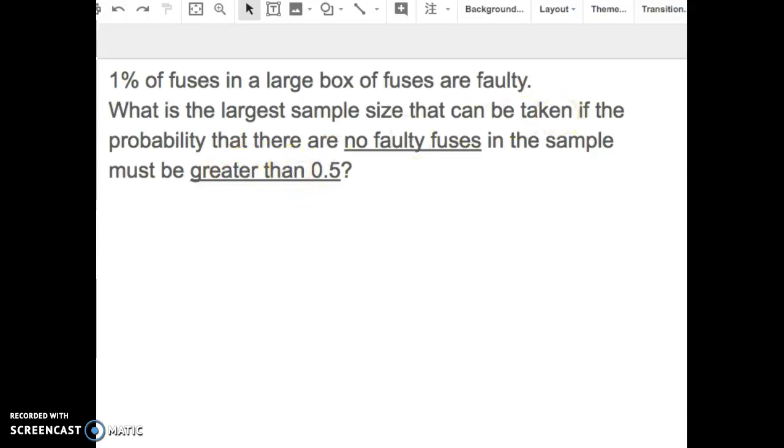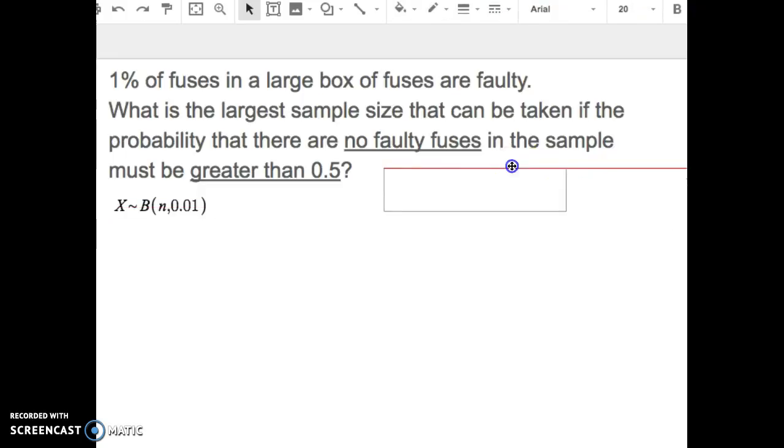All right, so let's start with the math notation. I know that my X is binomially distributed, with N, which is something we need to find, and the 0.01 that is given to us as the probability. Always keep in mind what your random variable X represents.